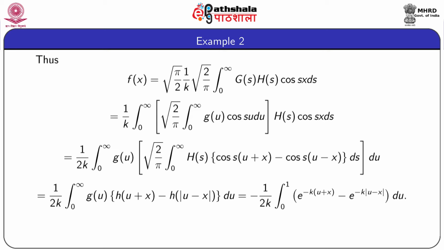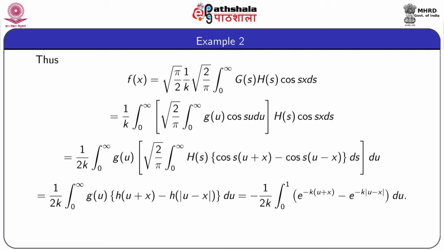So, f(x) becomes equal to 1 by 2k integral 0 to infinity g(u) into root over 2 by pi integral 0 to infinity H(s) [cos(s(u plus x)) minus cos(s(u minus x))] ds du.